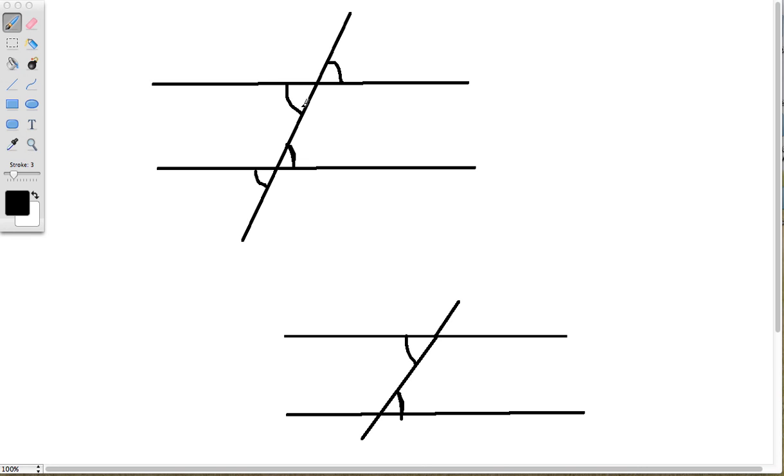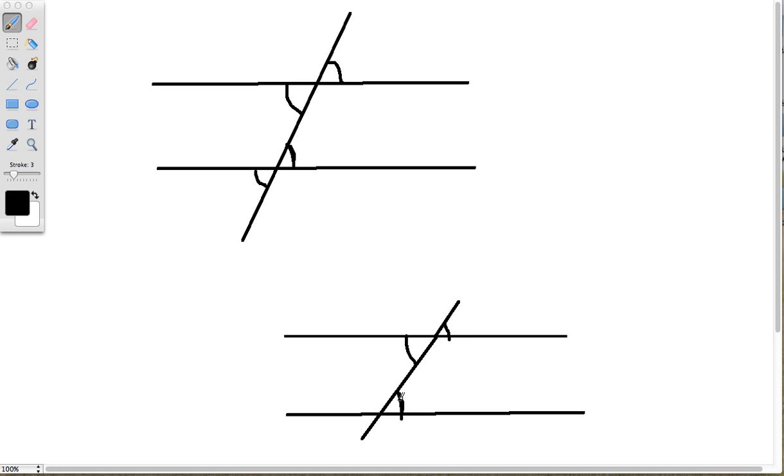That comes from this, because this angle is on the top, so it's the same as this angle. See how they're on the top up here? But we also now know, because we just learned about opposite or vertical angles, that this angle here is the same as this angle.